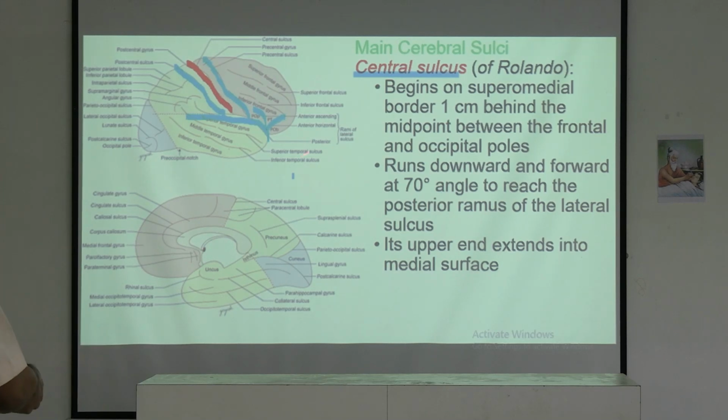And the stem of the lateral sulcus is continued as the posterior limb. Now you can find this is the central sulcus, in front we are getting pre-central sulcus and behind post-central sulcus.